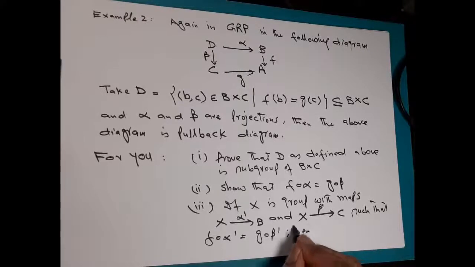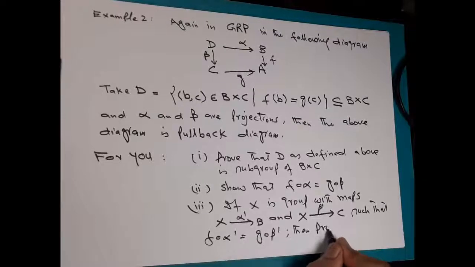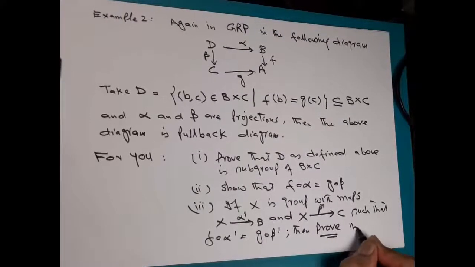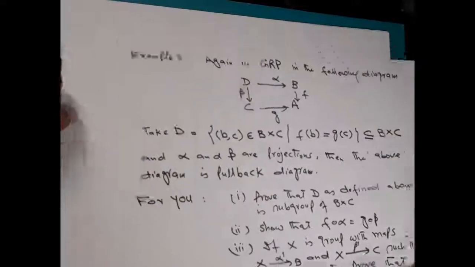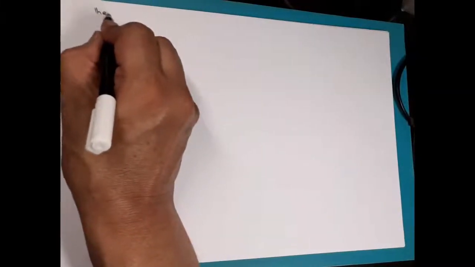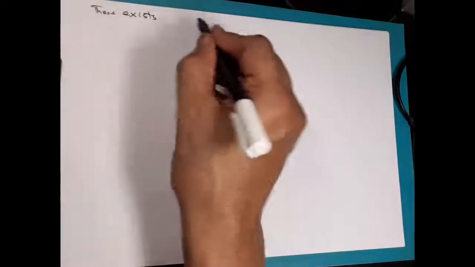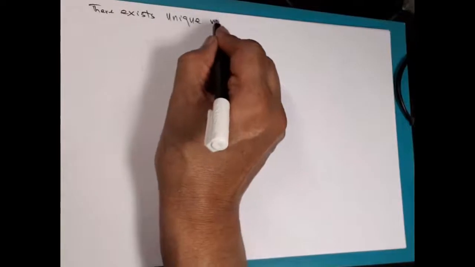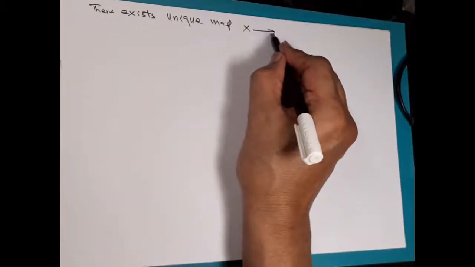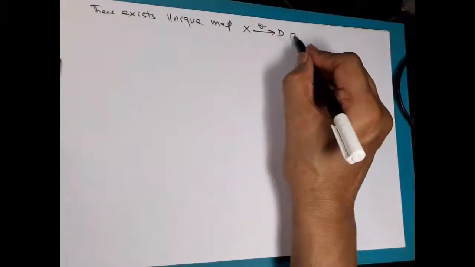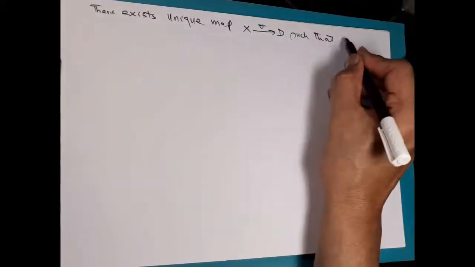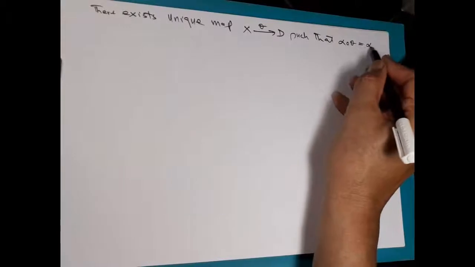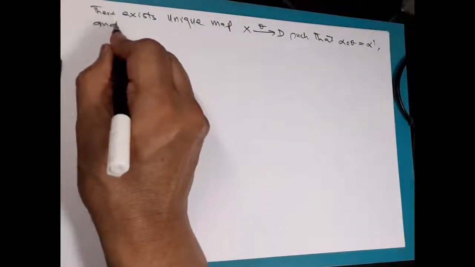then this is what you have to do. Then prove that there exists a unique map from X to D, let's call it theta, such that alpha composed with theta is equal to alpha dash, and beta composed with theta is equal to beta dash.